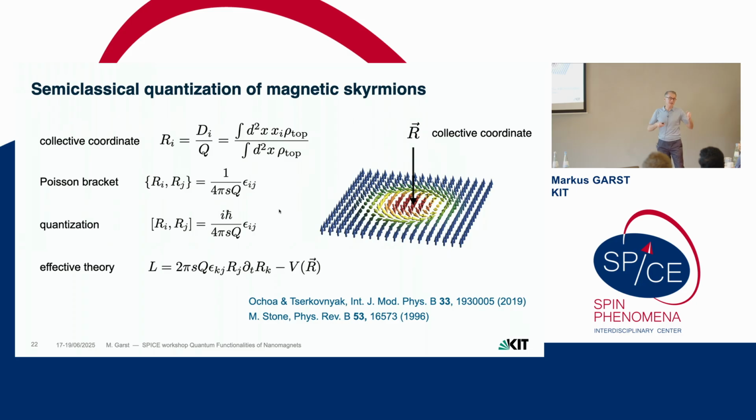Or in other words, x is the linear momentum to the y position and vice versa. And this is an effective theory that follows from that structure. Of course, something like that has been written down already by Michael Stone in the 90s. But it's basically all adding up and is consistent with the conservation laws that you have in the system.